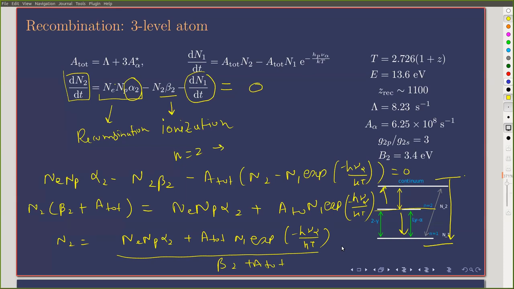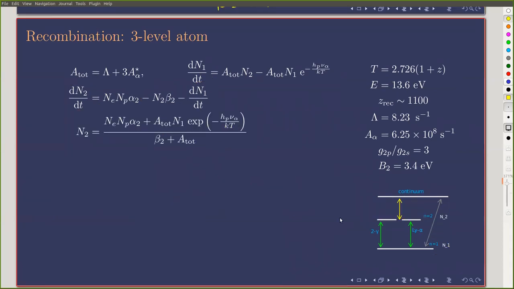Okay, so that is the value of N2 that we get. Now we can use this value of N2 in this equation to get the expression for N1. Sorry, we can put this value here to get the expression for this. So basically this is equal to A total times.